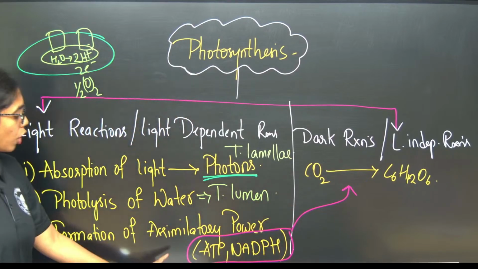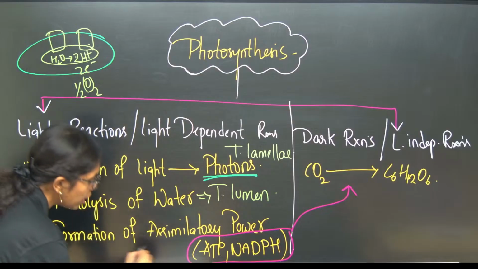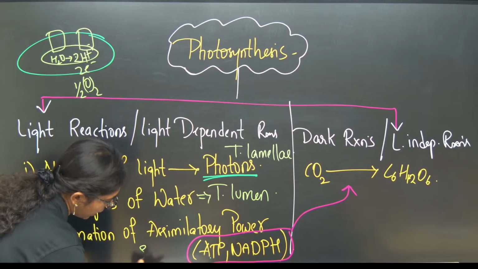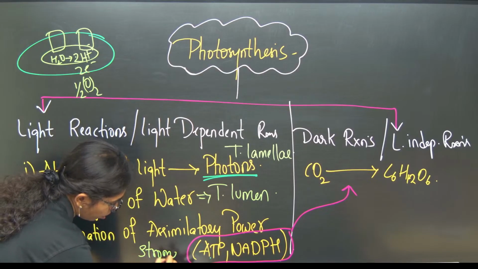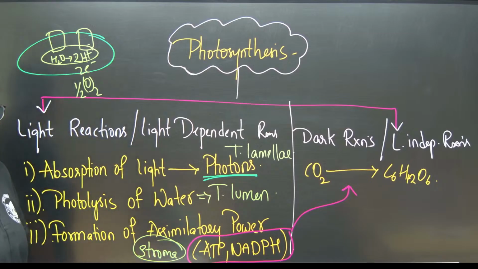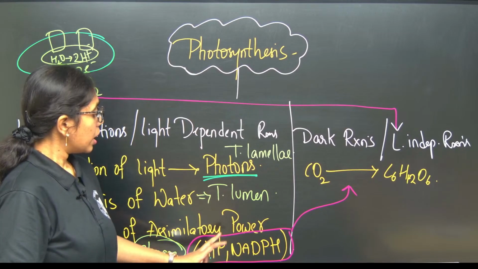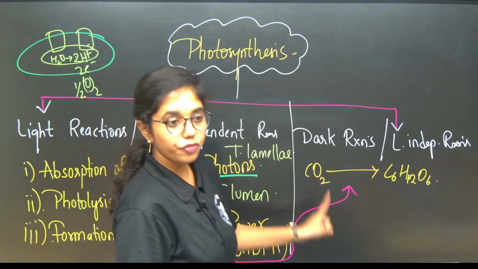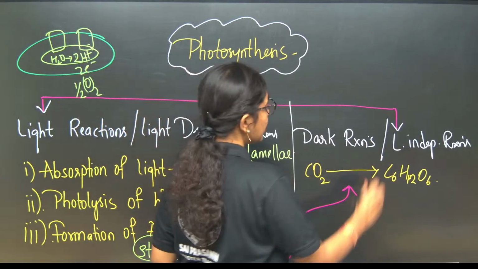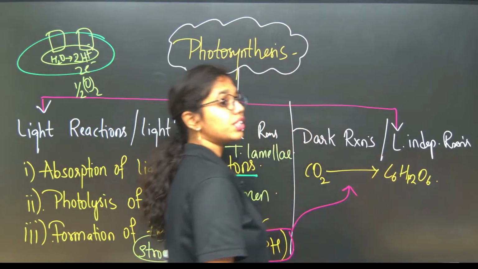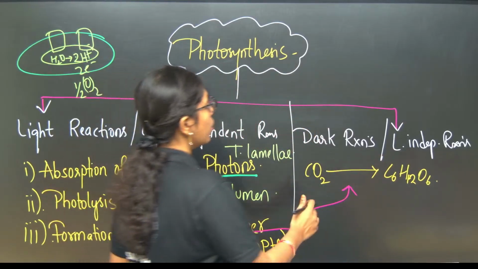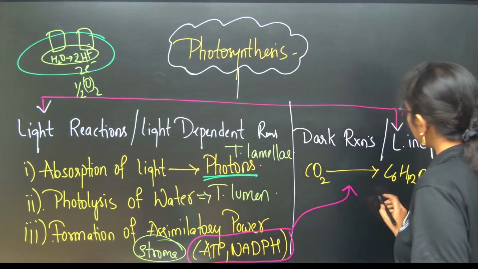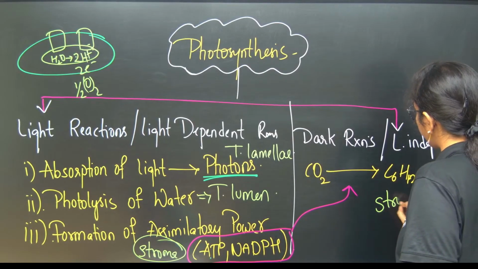Fine. And formation of assimilatory power, that is ATP and NADPH, takes place in the stroma. This energy is utilized and carbon dioxide is fixed to glucose. This fixation process utilizing the assimilatory power occurs again in the stroma.